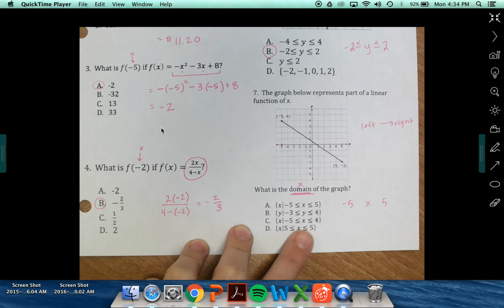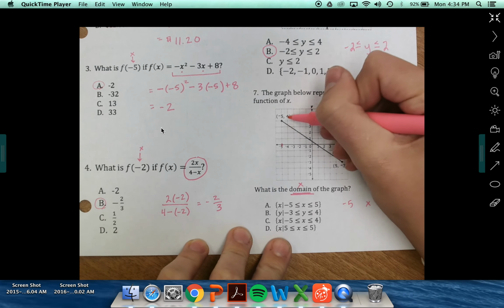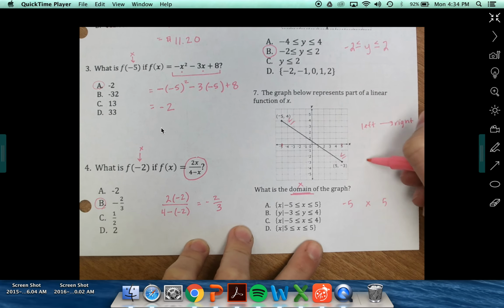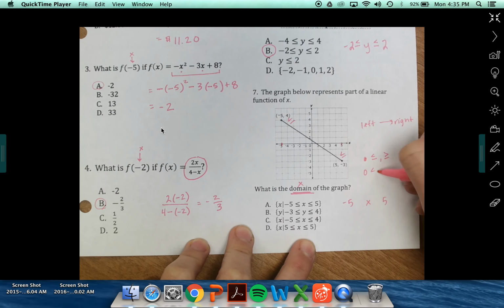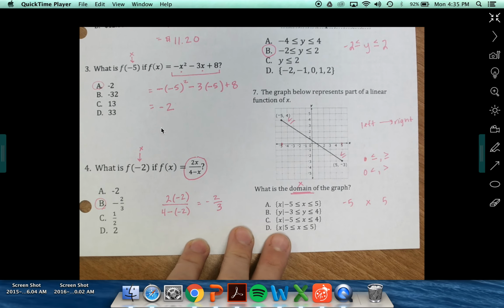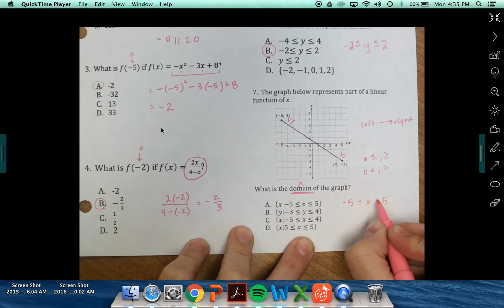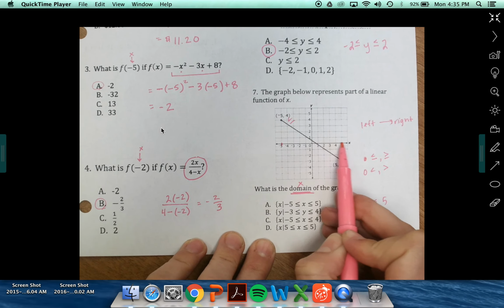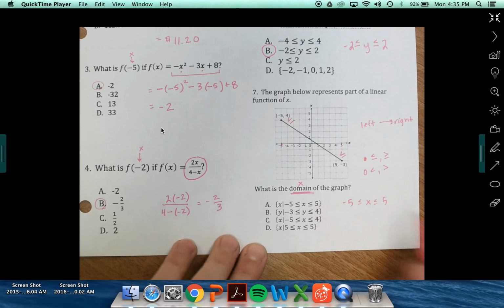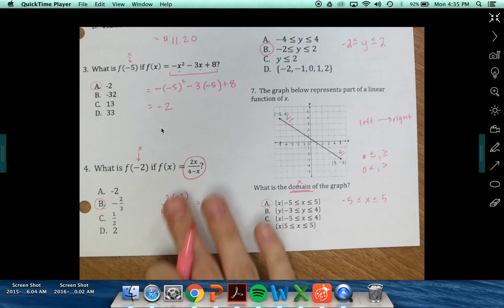Domain is talking about x. Okay, again, filled in dot is going to be less than or equal to or greater than or equal to. If it's open, that's when you get just the less than or greater than. So my domain goes from -5 to +5. Answer's A.